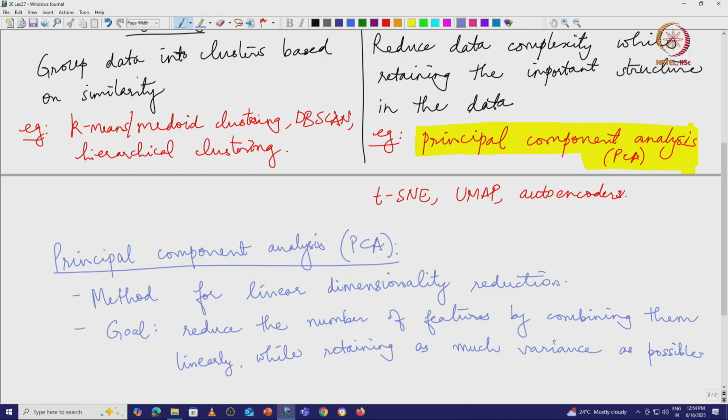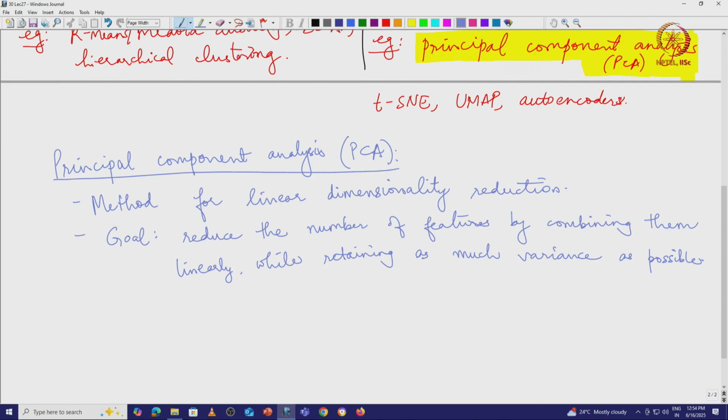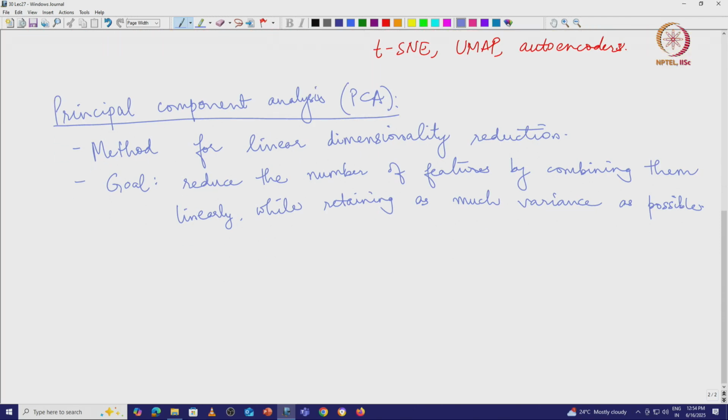So, if you had for example 100 features in your data set and you only want to work with 5 of them, without sacrificing the information contained in any of them, the way to do that is principal component analysis, because it allows you to combine the features linearly and thus reduce the number of features. Okay. So, how does principal component analysis work and what is its meaning?